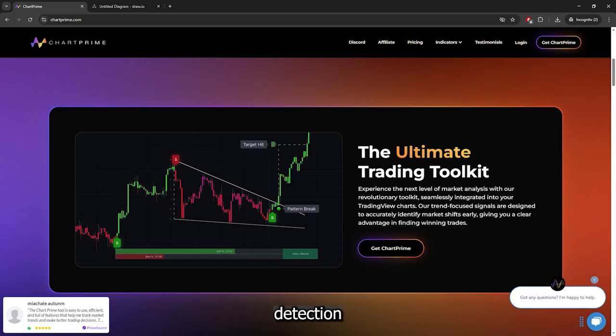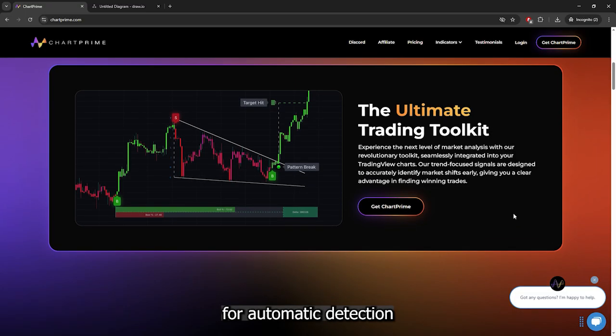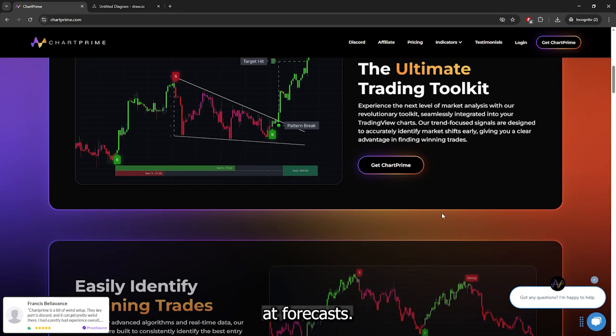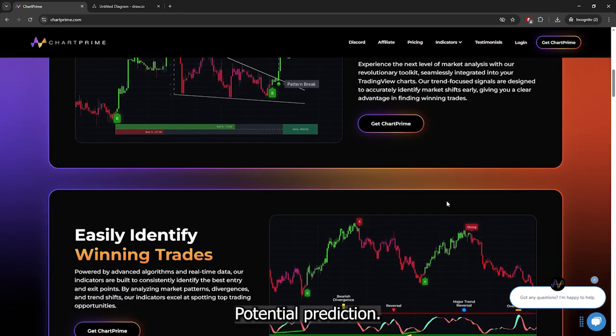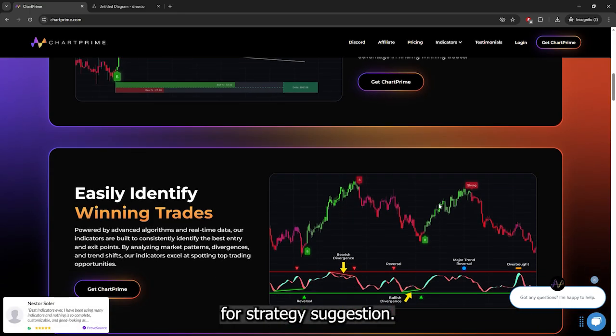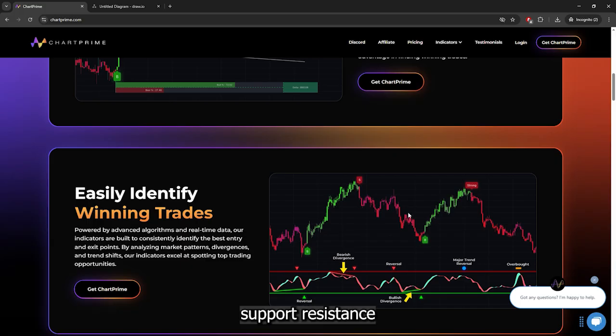Pattern detection for automatic detection of wedges, flags, triangles, etc. Oscillators and predictive ranges, which are indicators that forecast potential price zones. And market cheat sheets, which are built-in tools for strategy suggestions. All these features are aimed at helping traders identify reversals, breakouts, and support and resistance with less guessing.